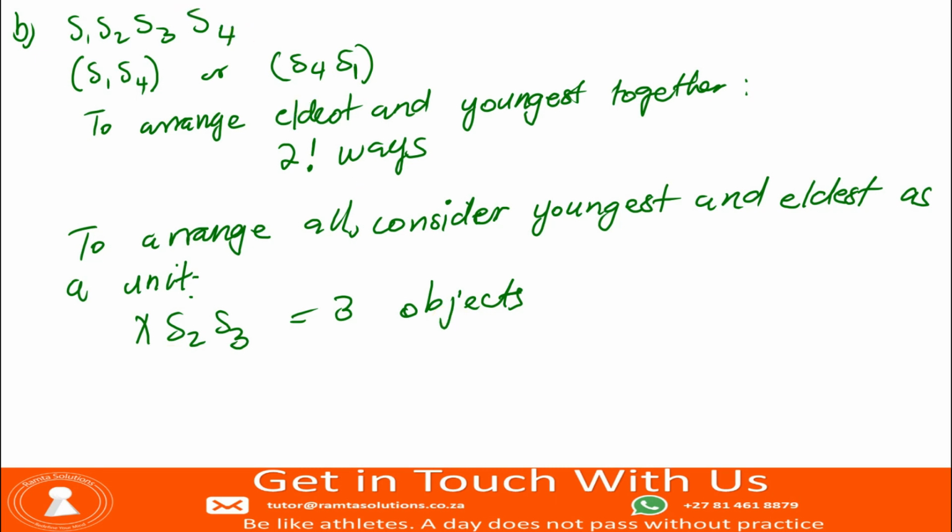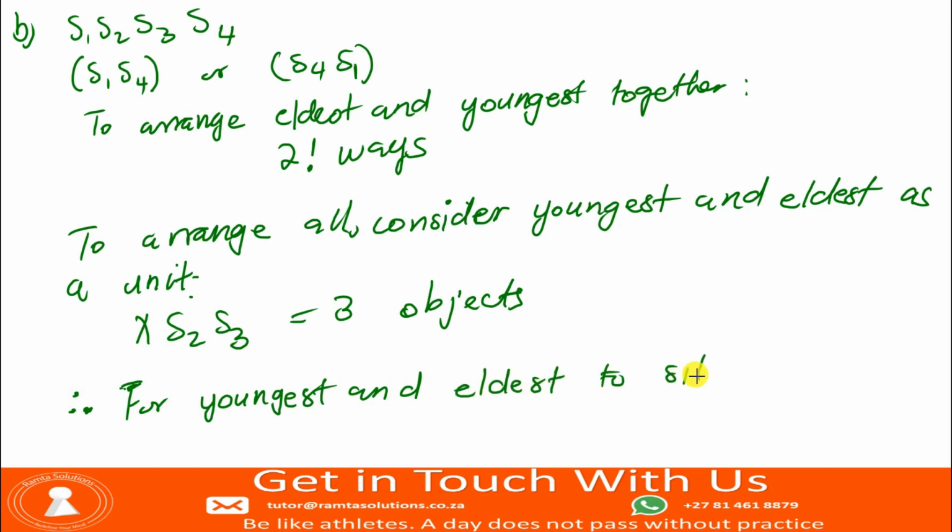So, our answer for youngest and eldest to sit next to each other is the arrangements of eldest and youngest multiplied by the arrangements of all siblings when eldest and youngest are considered a unit.